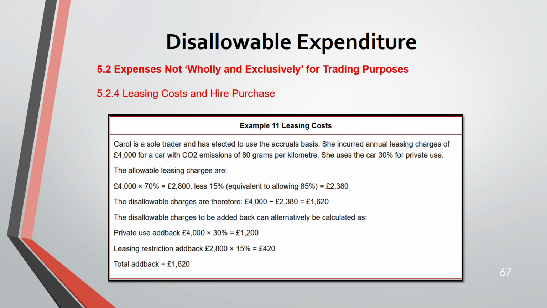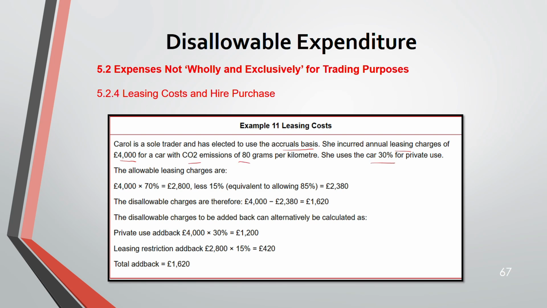So example 11 will help you to understand the leasing cost better. Carol is a sole trader and has elected to use accrual basis. She has incurred annual leasing charges 4,000, CO2 emission is 80, and uses 30% for private use.